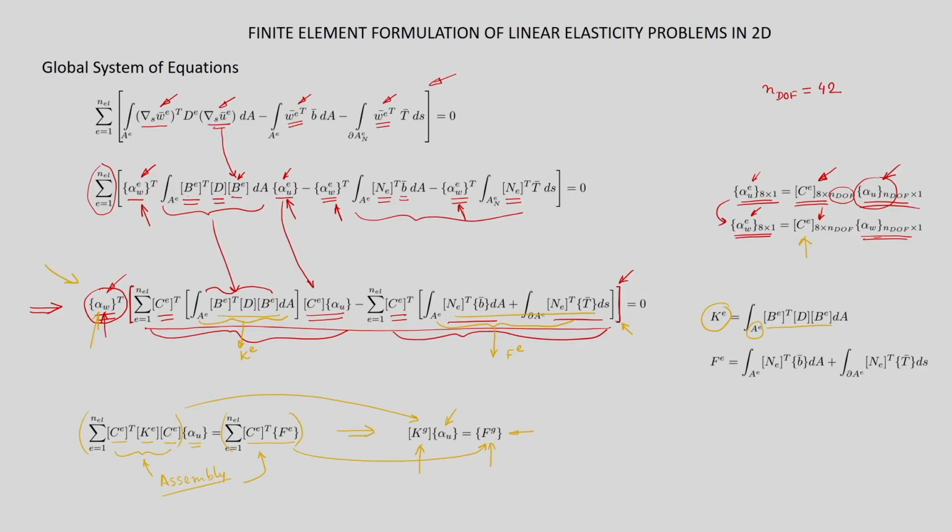Now, the whole process of calculating the element stiffness matrix and the element force vector, and then assembling them and getting the solution after enforcing the Dirichlet boundary, we will be demonstrating through an example.